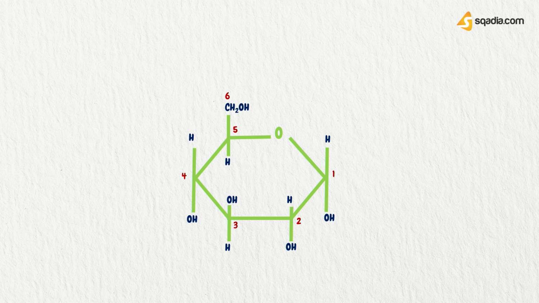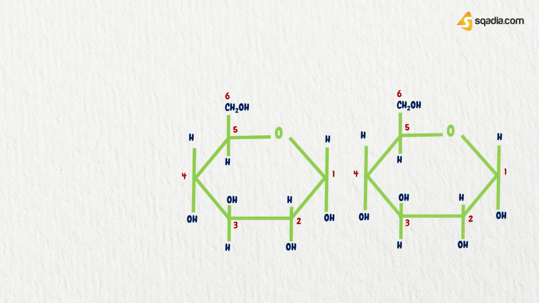To understand that, let us take an example of glucose molecules. You can see that position 1 of one glucose molecule is alternate to the fourth position of the other glucose molecule. Now, hydroxyl groups are present in the same positions, so if they form a bond between each other, it will be an alpha bond and it will be a glycosidic bond.